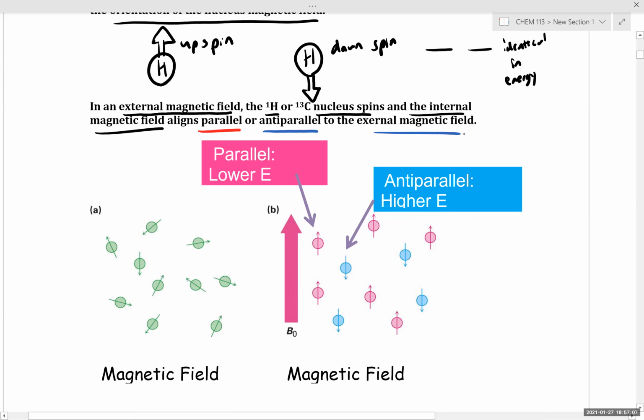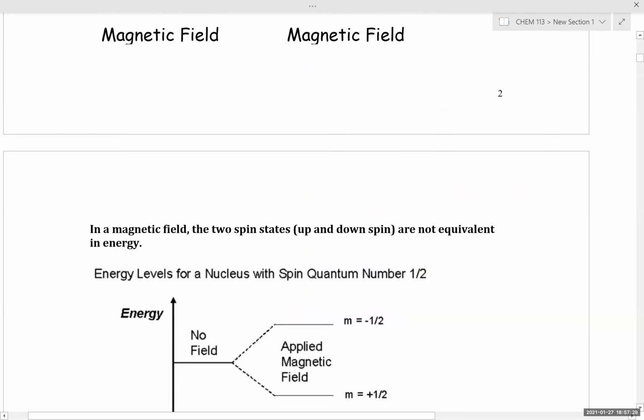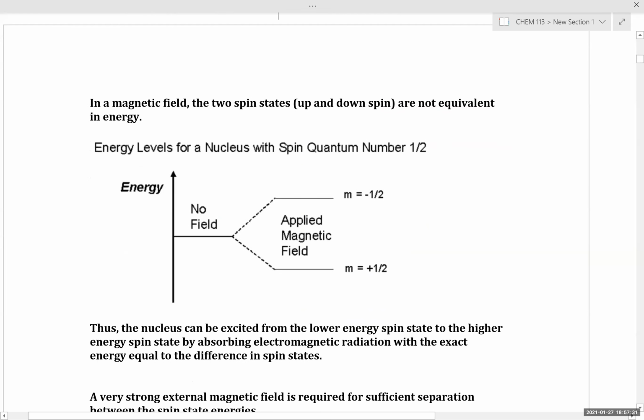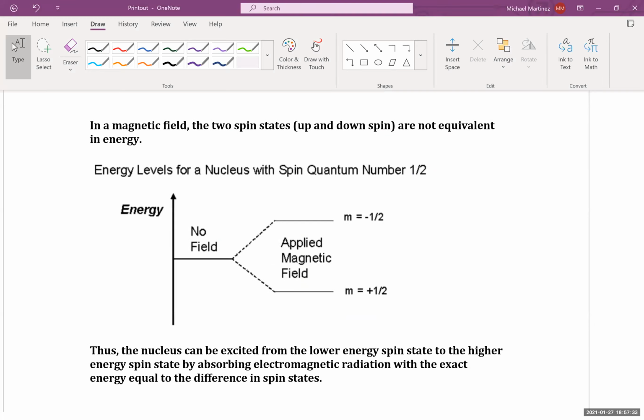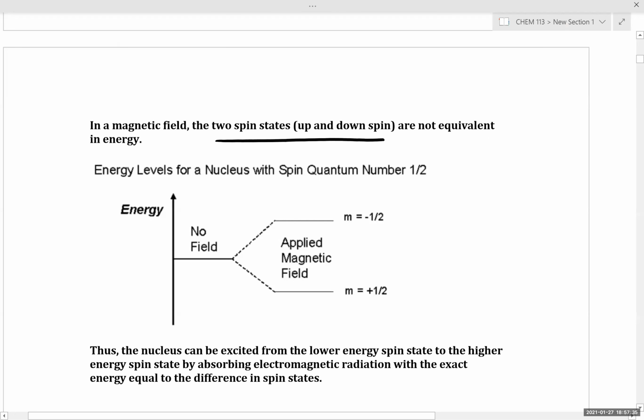Depending on your nucleus's spin, it will either be aligned parallel with the external field, or aligned against the external field. Now, why is this important? Why does this matter? Well, in a magnetic field, the two spin states, up and down spin, are not equivalent in energy.